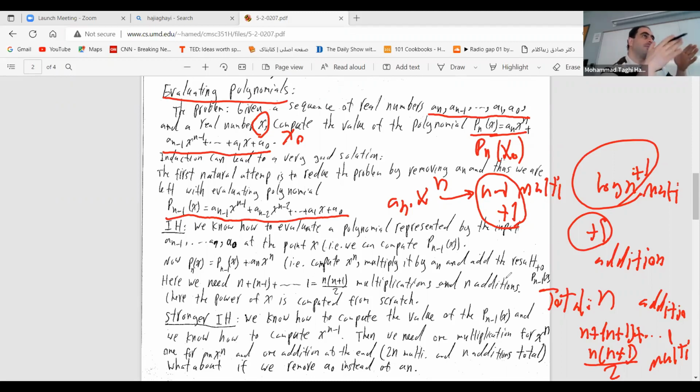If you look at the binary representation of n, the question is how can we do it with log n multiplications.